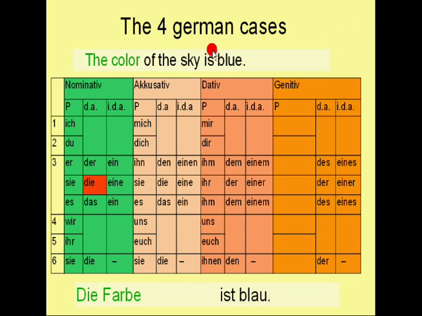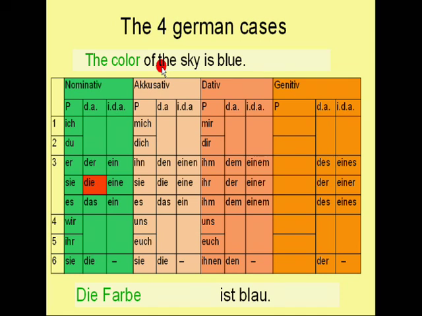So now let's go on to the next part of the sentence. Of indicates the possession. The sky in this case is the possessor, so to speak, the possessor of the color. And sky means Himmel in German and is a male noun in German. The is the definite article. Therefore, which definite article in German do we have to take?